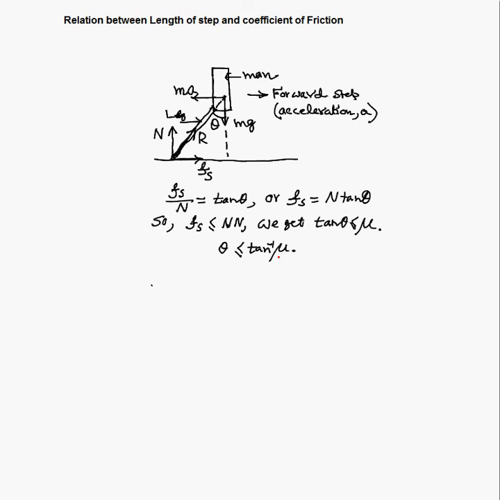And on surfaces where friction is almost absent, like say on ice or on a piece of floor where oil is spilled, mu is almost 0 and length of step will also be 0.